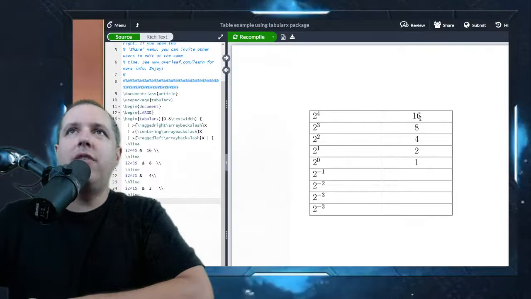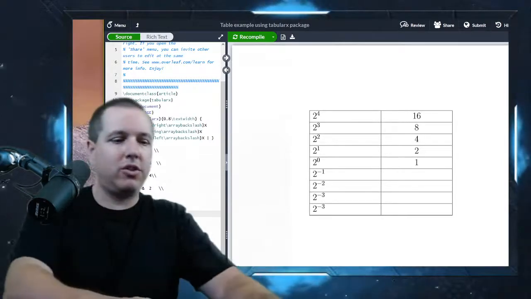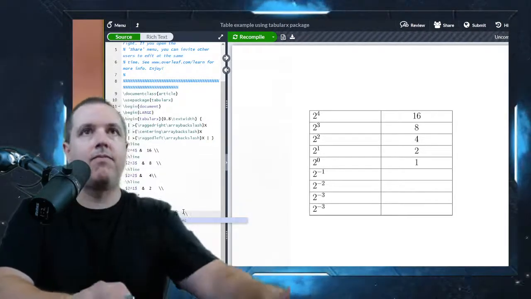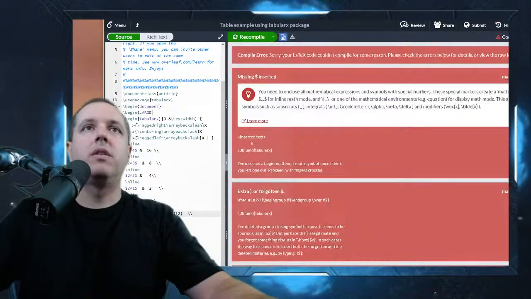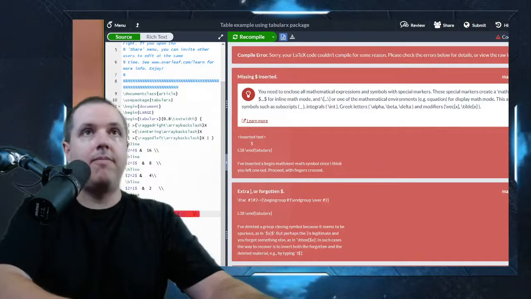But what if we continue this pattern? Well, if every time I move down, it's half what it was on the previous line, then my next line should be what? Well, this should be the fraction 1/2.